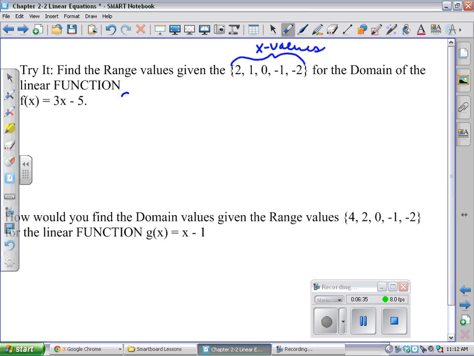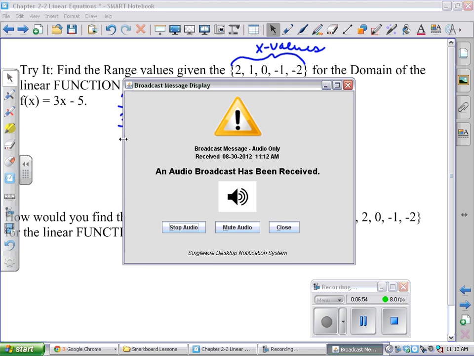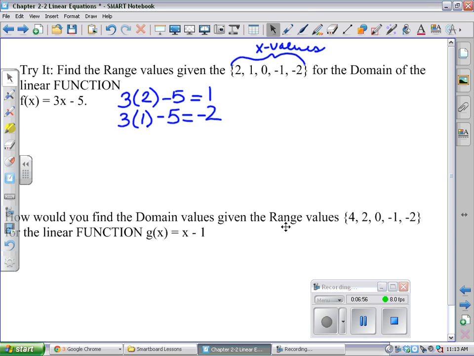So we're going to plug in 2 for x. So 3 times 2 minus 5 gives us 1. Plug in 1. 3 times 1 minus 5 gives us negative 2. Plug in 0. And we end up with negative 5.